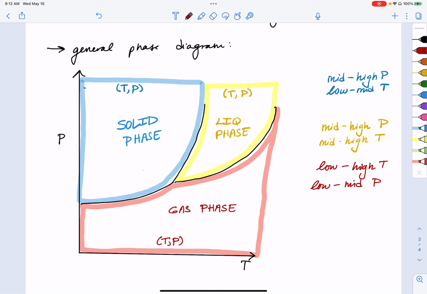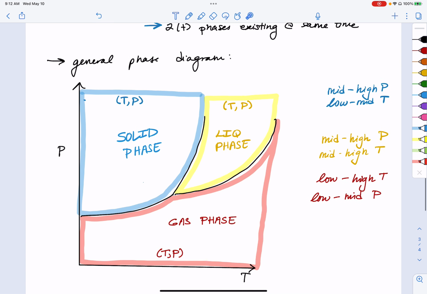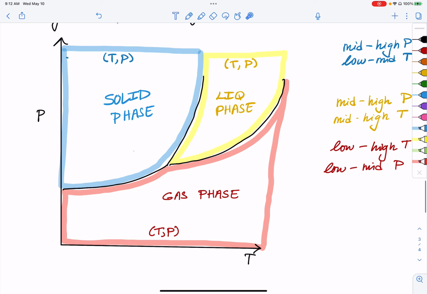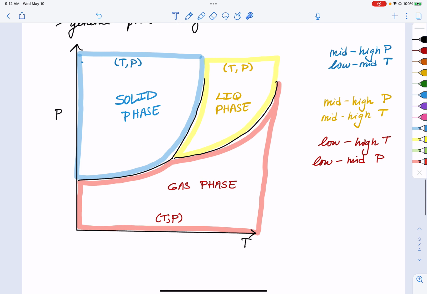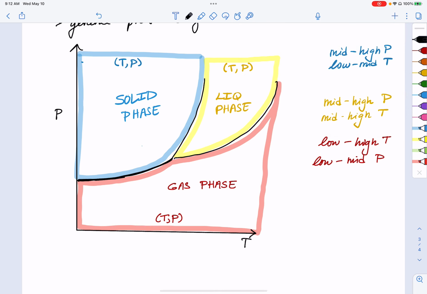Now remember, if we are looking at a phase diagram, we are looking at these curves. These curves, meaning these lines drawn here and here, are what we care about. If we are looking at this curve here, this is a series of temperatures and pressures at which two phases exist at once.